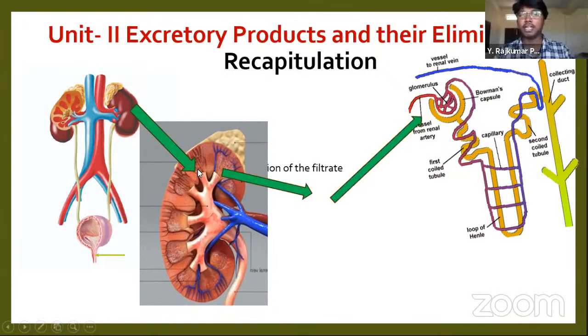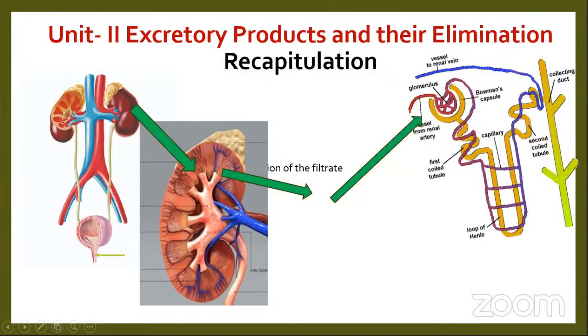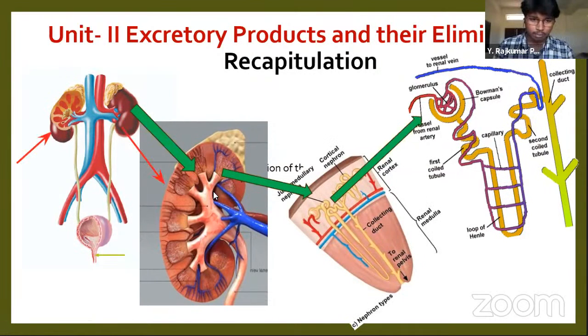And in the medullary part, there are medullary pyramids. If you enlarge one single medullary pyramid, you find this kind of structure, which contains the microfunctional units.